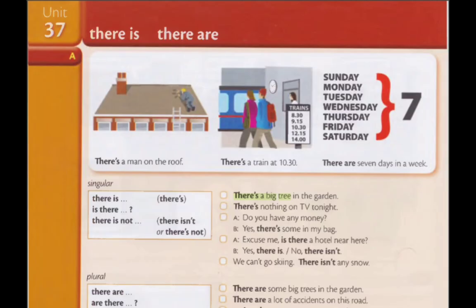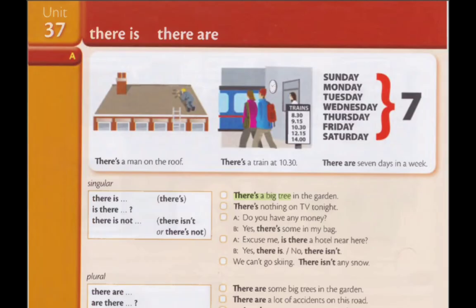But today we're going to talk about there is and there are, Unit 37. We want to know what is the difference between there is and there are. We use is for a singular, but are we use for a plural, right?